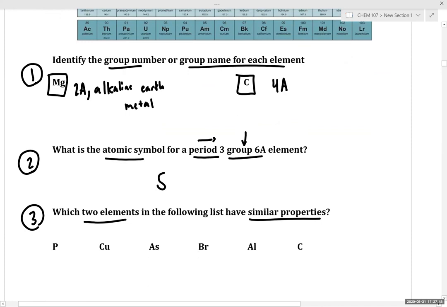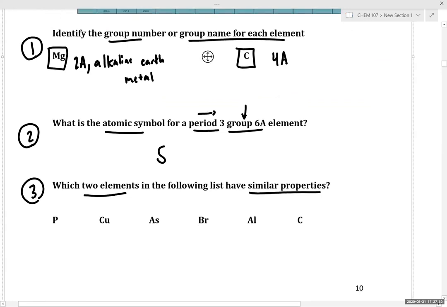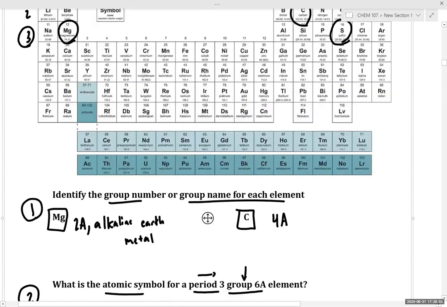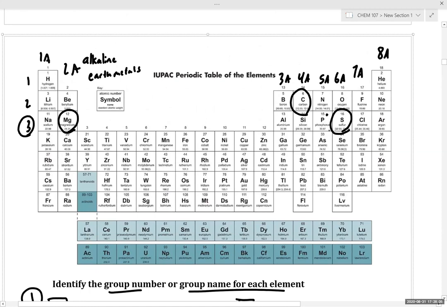Okay, continuing on. We're asked to find which of the following two elements have similar properties. And immediately, from my experience, my eye gravitates towards phosphorus and arsenic. Why? If we look at phosphorus and arsenic, are they found in the same group? Are they found in the same column of the periodic table?